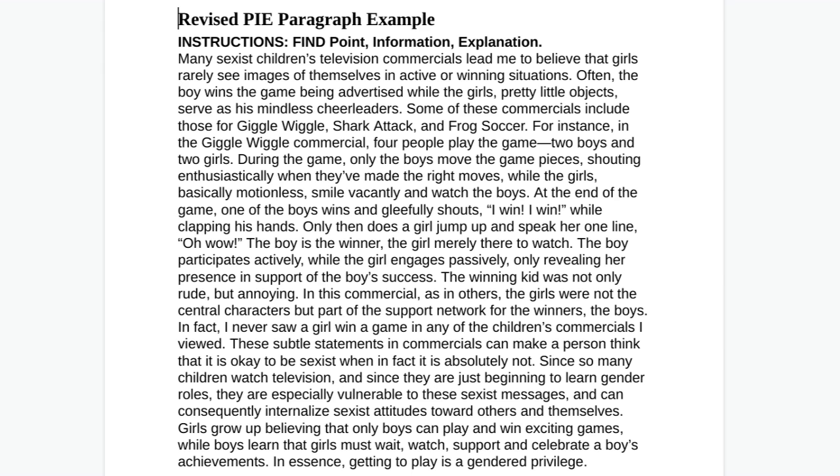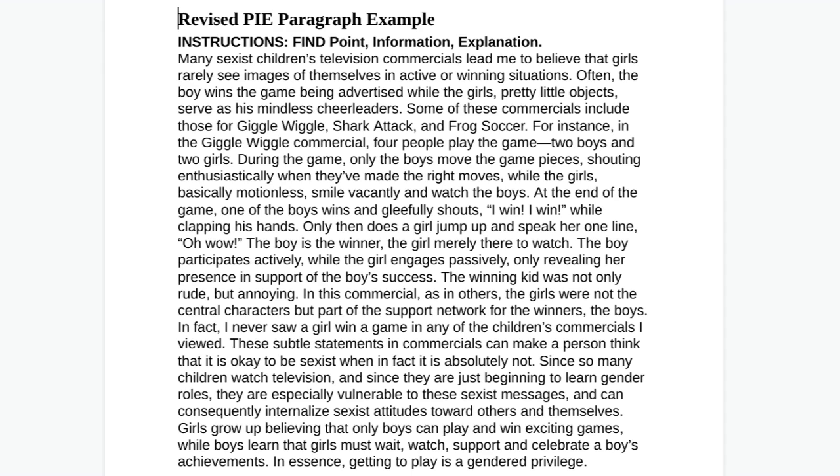As you read, it says, many sexist children's television commercials lead me to believe that girls rarely see images of themselves in active or winning situations. Often the boy wins the game being advertised, where the girl, pretty little objects, serve as mindless cheerleaders. Some of these commercials include those for Giggle Wiggle, Shark Attack, and Frog Soccer.